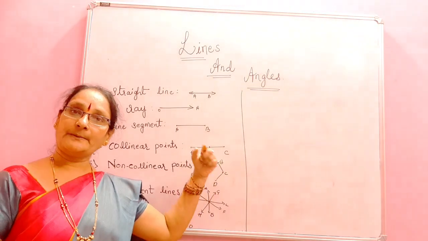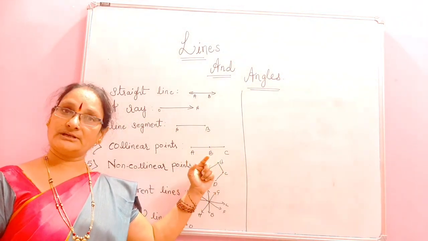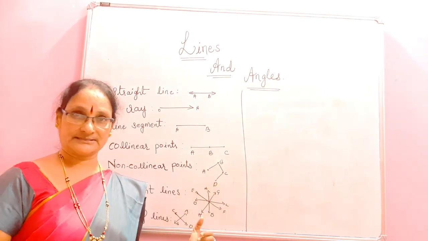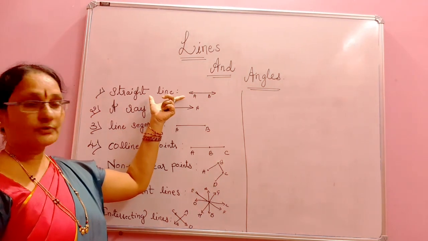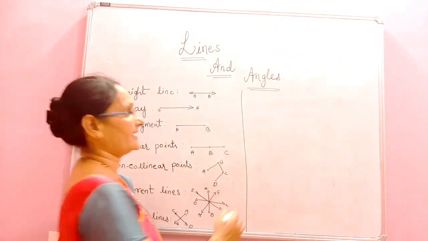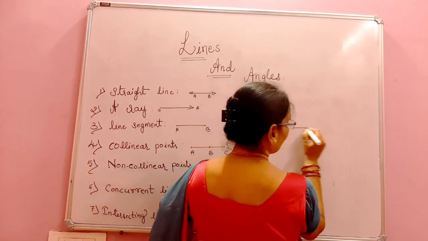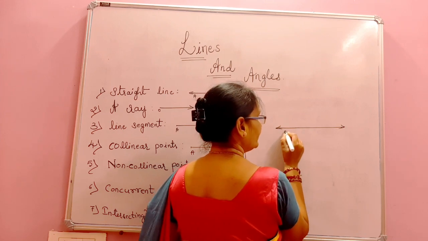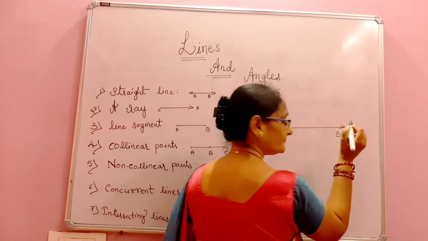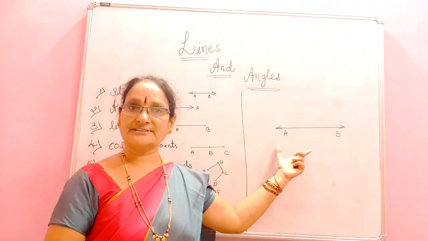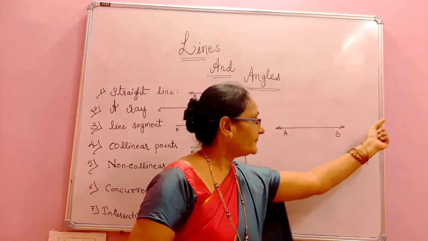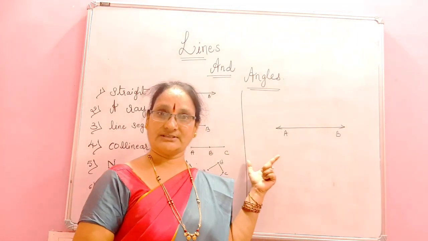Parallel lines and perpendicular lines you are going to learn in the higher class. That will not come in the basic class. First, I am going to explain you straight line. See here students, always we write the straight line in this symbol. This symbol of straight line symbolizes that this line can be extended in both the directions.